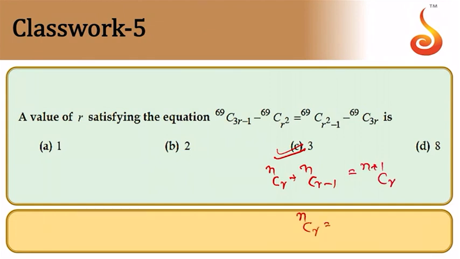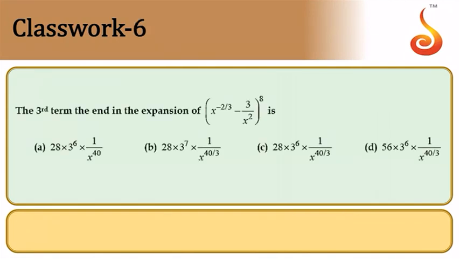So option C is correct. I repeat once again. We use two formulas. nCr plus nC(r minus 1) is equal to (n plus 1)Cr. This is one formula we used. Another we used: nCr is equal to nC(n minus r). A little error: I wrote 10 in place of 70, so it must be 70. Therefore, r equal to 3 is correct.